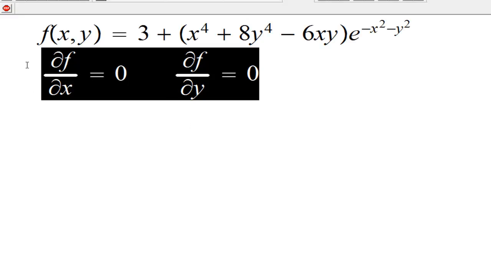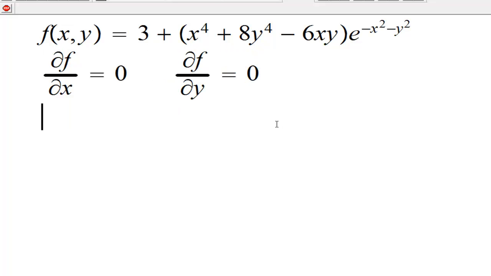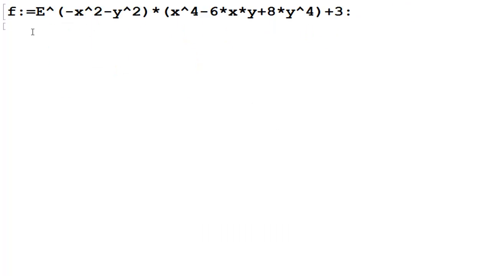Now to obtain the critical points, we have to solve the equations obtained by setting the partial derivatives equal to 0. So we go back to MuPAD for that. We will define the partial derivatives. So here we have fx as the partial derivative of f with respect to x, and let's put this colon here so that it understands the definition. And so there we have the partial derivative.